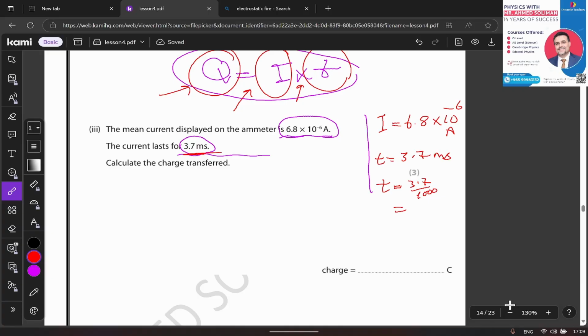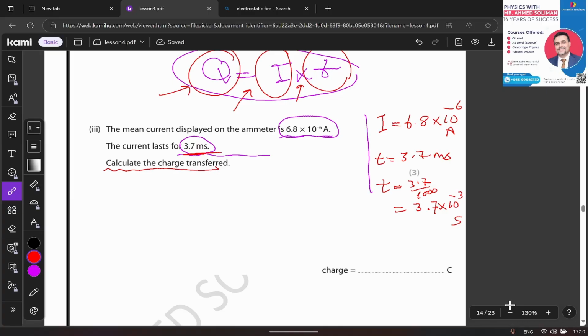So now what is the result in your calculator? 3.7 times 10 negative 3. Okay, now it's ready. Continue. He said, calculate the charge transferred.